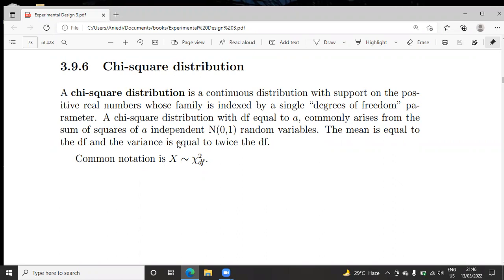So once you see chi-square, know that the data have been categorized.